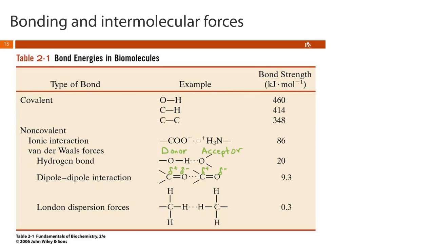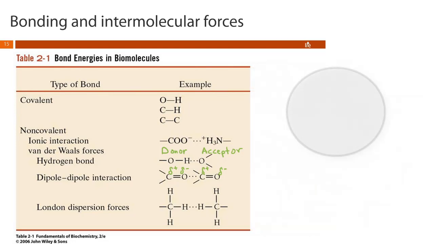And our last one here is the London dispersion force. That is the weakest of these intermolecular forces, and it results from the continuous movement of electrons forming temporary dipoles. Okay, so I'm going to do a little demonstration using a helium atom. Helium has 2 protons, 2 neutrons in the nucleus, and 2 electrons orbiting the nucleus.